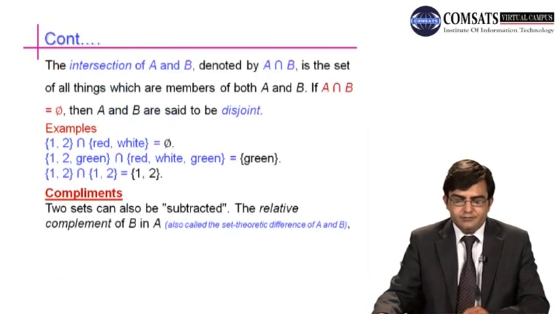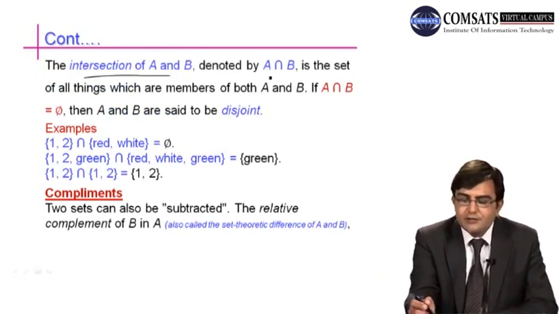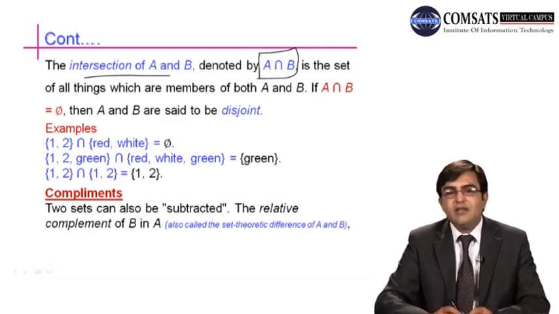The intersection of A and B is usually denoted by A intersection B, and it is read as A intersection B. You have already studied this, I hope, in earlier classes.